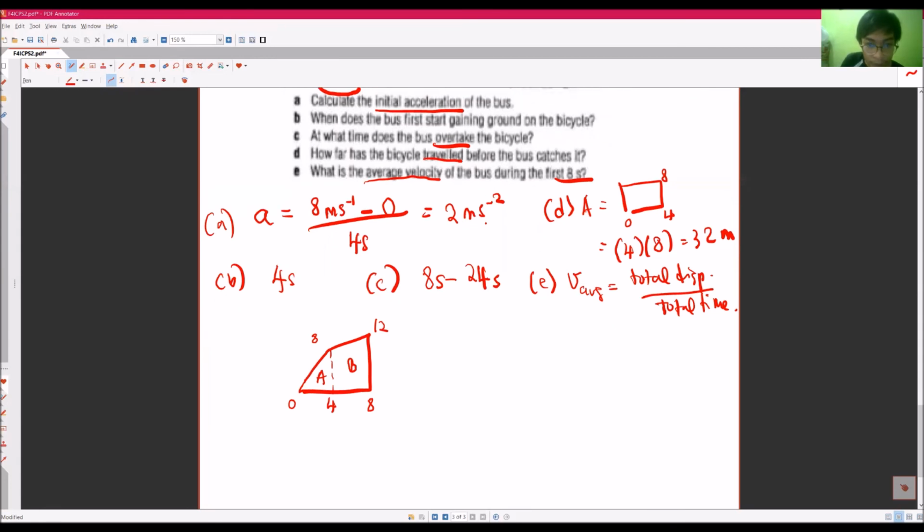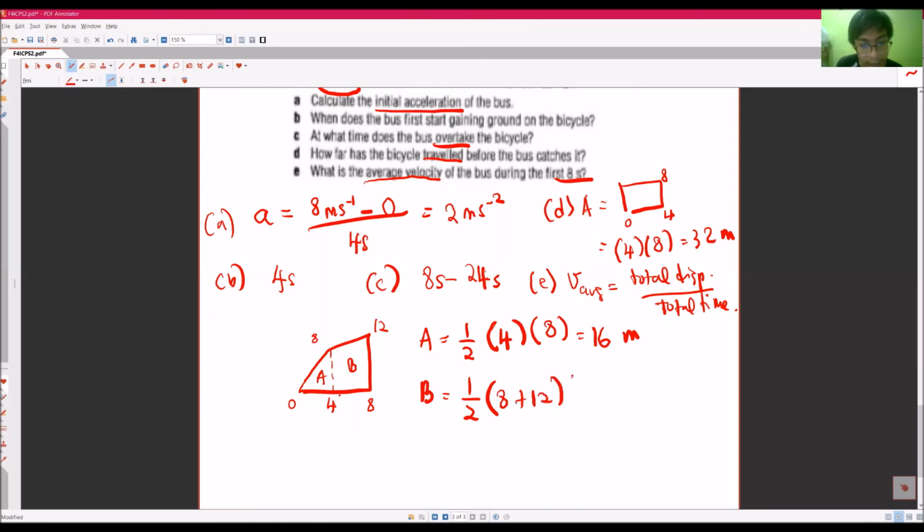Okay, so the area for A is a triangle. 4 base, 8 height. So 32 divided by 2 is, not 12, 16. Sorry, 16 meters. B is the trapezium. So the parallel sides here and here are 8 and 12.